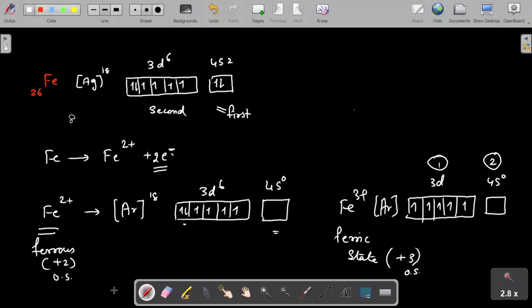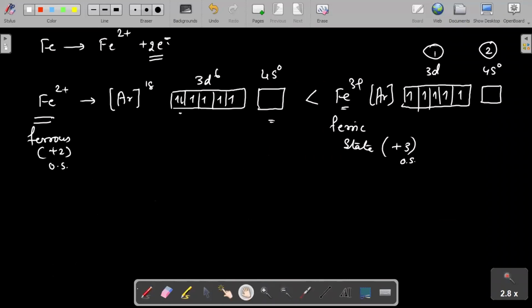Of these two, which is more stable? Definitely Fe3+ is more stable because it has half-filled d orbitals. So, comparing Fe2+ and Fe3+, Fe3+ is the more stable state. So for iron, the +3 state is more stable than the +2 state.